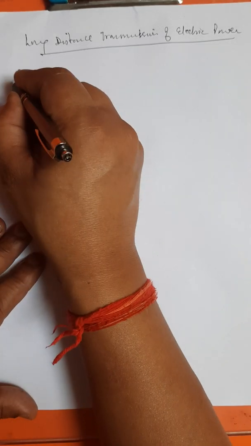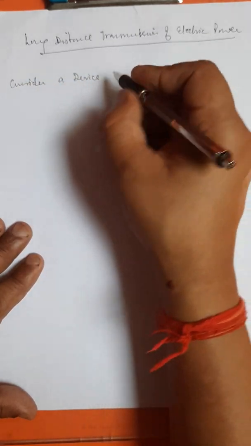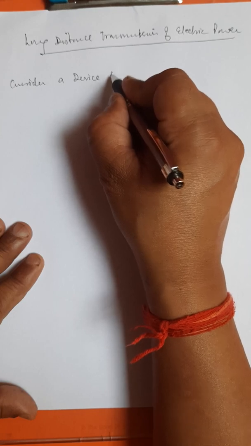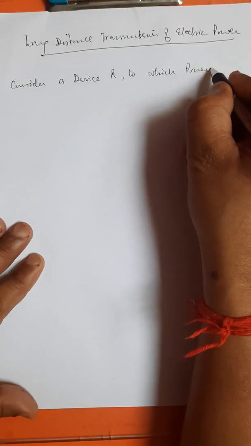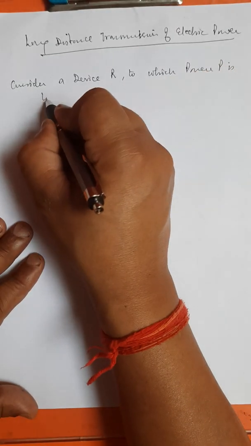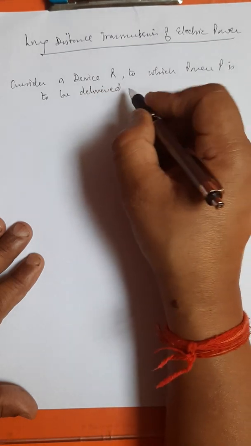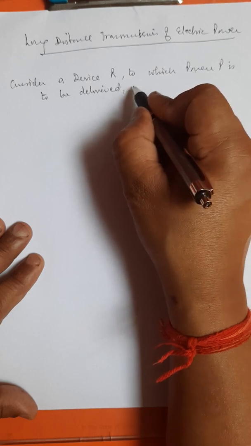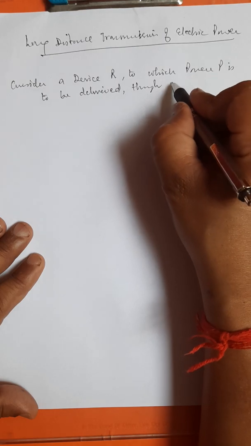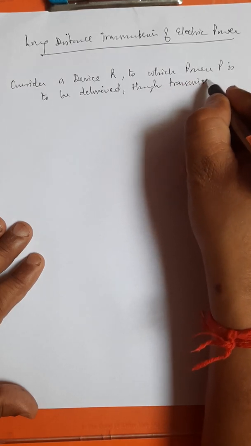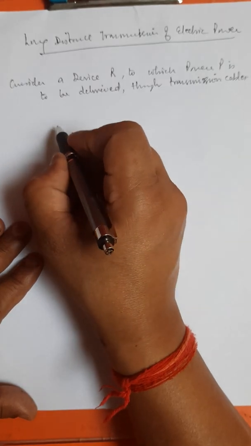Consider a device R to which power P is to be delivered through transmission cables.